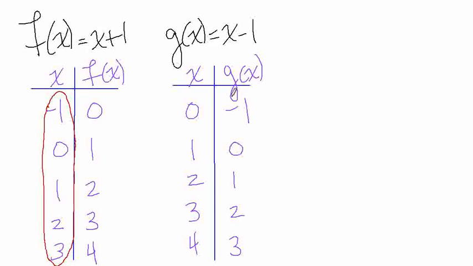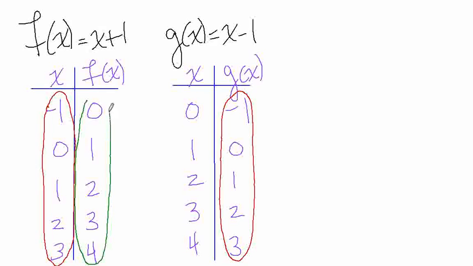Notice that that's the same set of values as the right column of the right table. Likewise, the column of function values for the left table is equal to the column of x values for the right table.